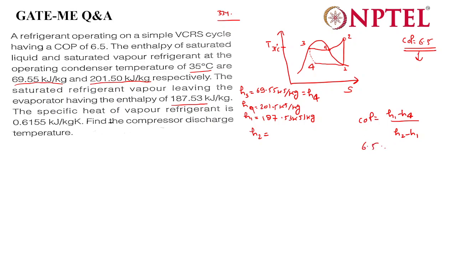So 6.5 is equal to 187.53 minus 69.55 divided by H2 minus H1, and H1 is 187.53.